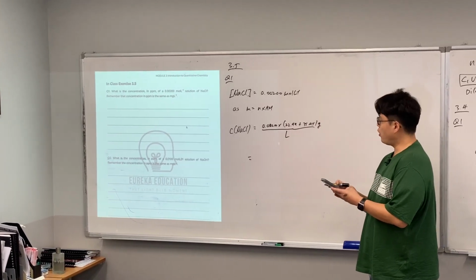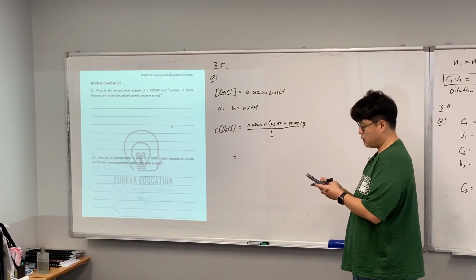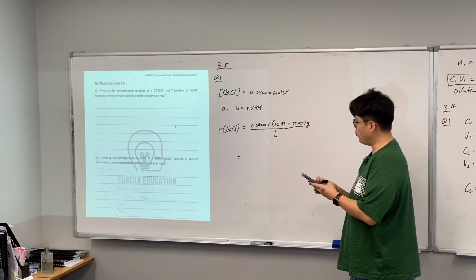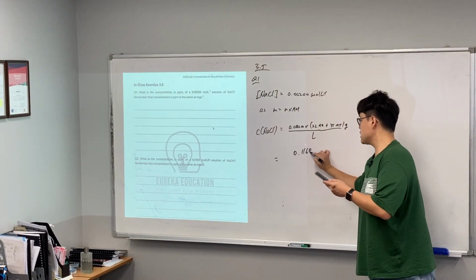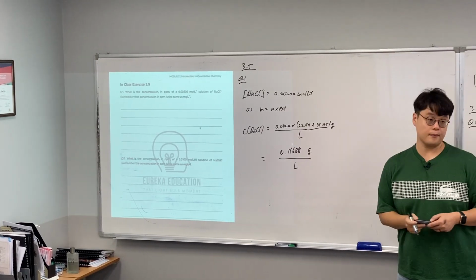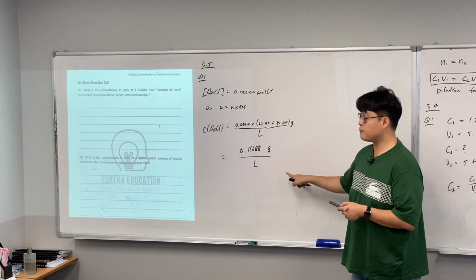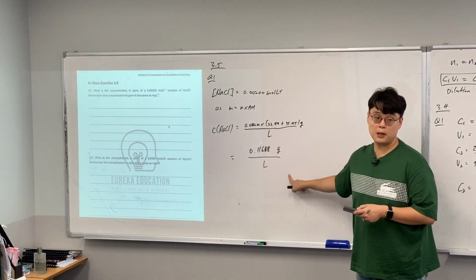So 0.002 times 22.99 plus 35.45, times that 0.002, you're going to get 0.11688 grams per liter. And this is not the ppm yet, because we need to convert the grams into milligrams to get ppm units.